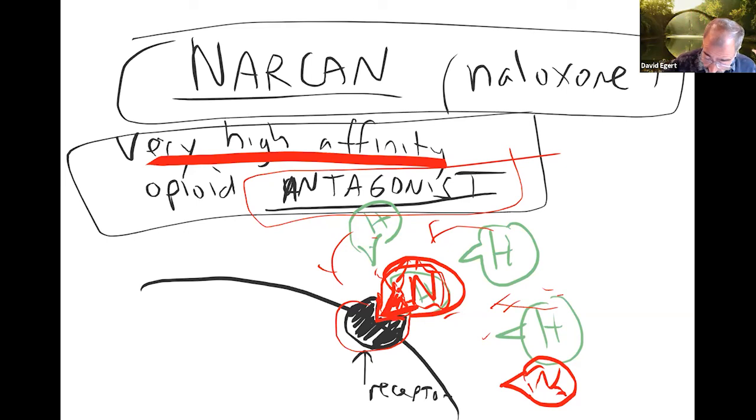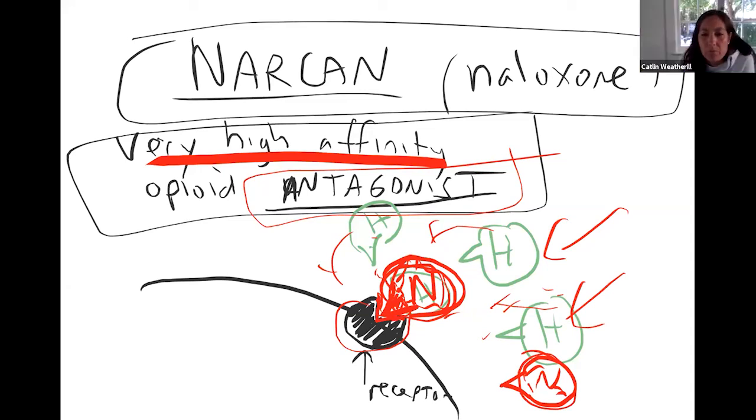These guys are floating around and they're being cleared eventually at some certain half-life. And then you just have to make sure you keep the Narcan levels up high enough until those little heroin molecules are cleared out and are no longer a problem.